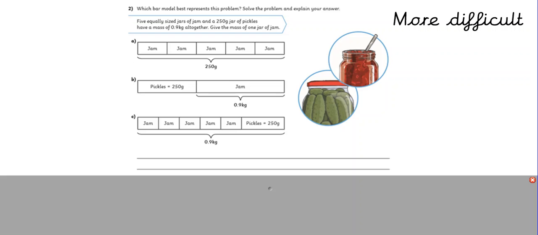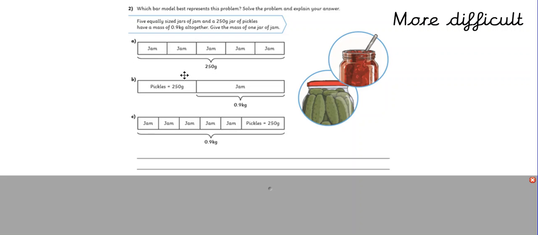Which bar model best represents this problem? So solve the problem and explain your answer. So we've got 5 equally sized jars of jam and a 250-gram jar of pickles have a mass of 0.9 kilograms altogether. So give the mass of 1 jar of jam. So A is showing 1, 2, 3, 4, 5 jams equaling 250 grams.